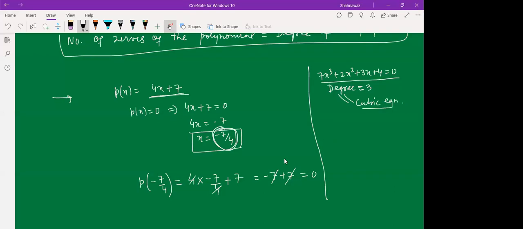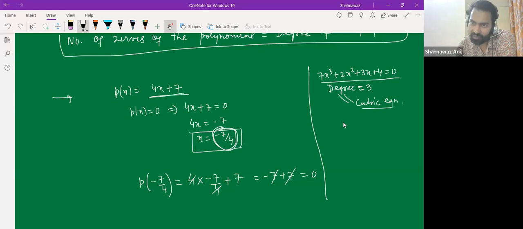So that means it will have three solutions, alpha, beta, and gamma, right? Whether those solutions are real or unreal, we don't bother about that for now. Whatever is the degree, the zeros would be equal to the degree of the polynomial.